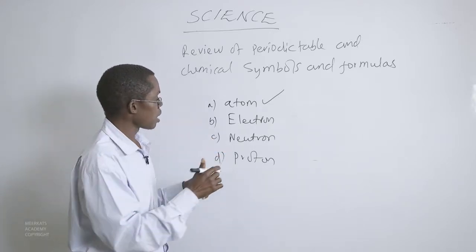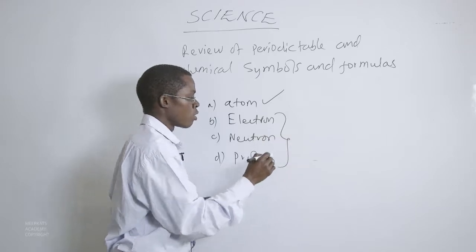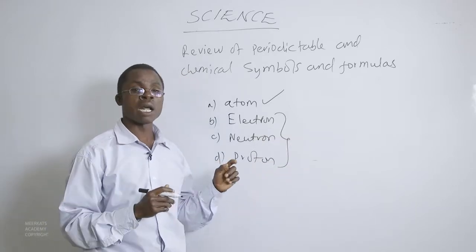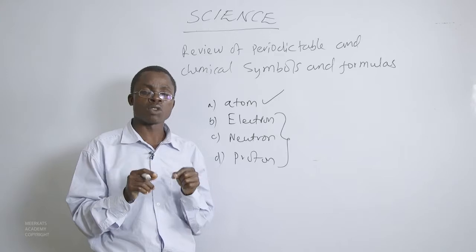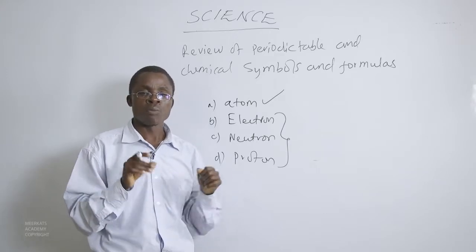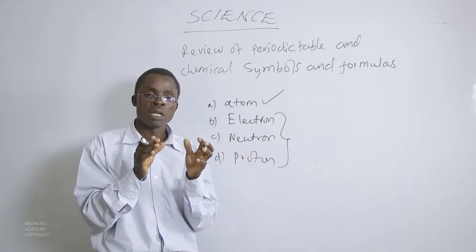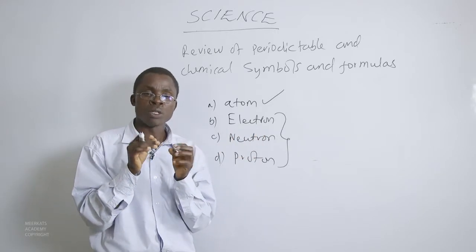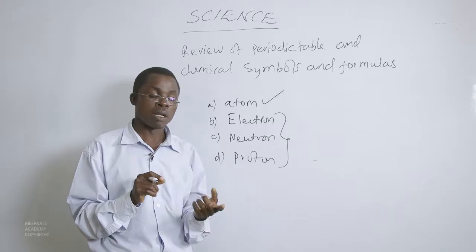But when you look at these other three, they are confusing in the sense that they are subatomic particles. Particles that, when you put them together, will form an atom, which is now the smallest unit of an element.